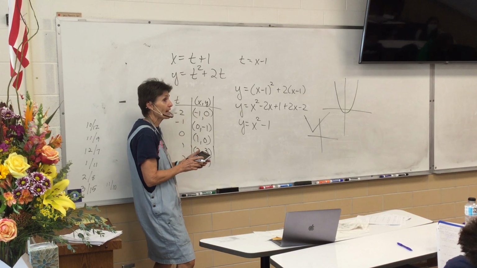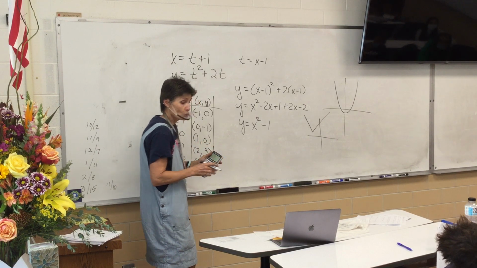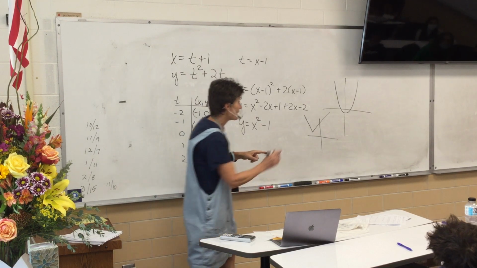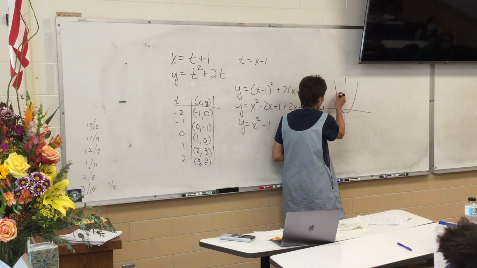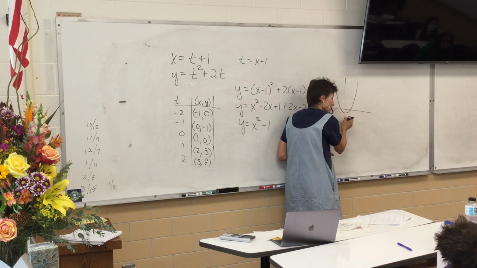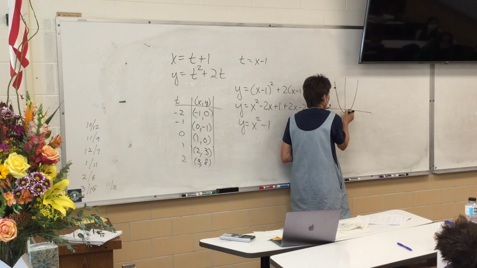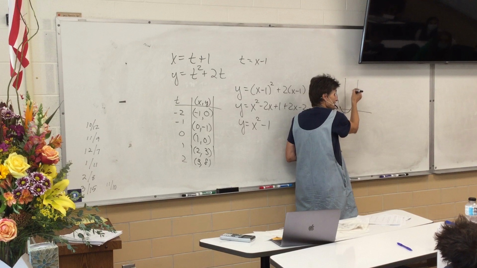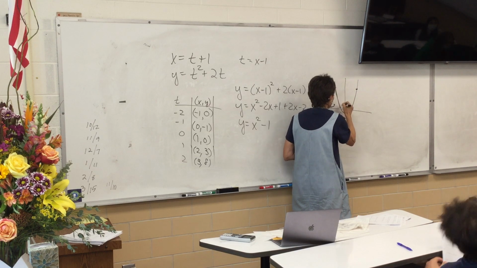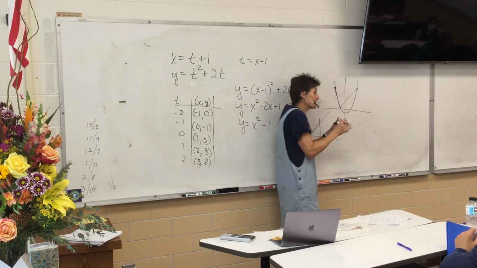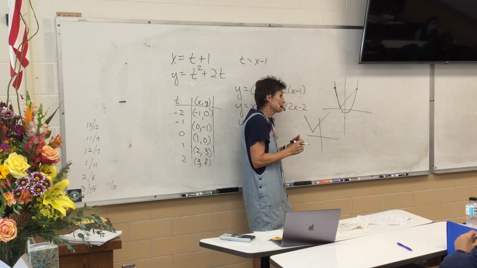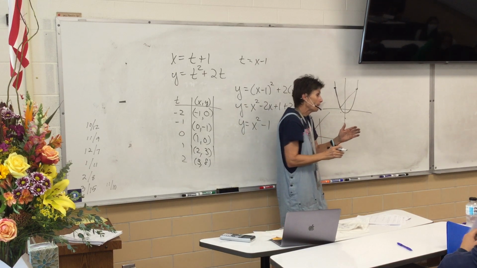She had hers set at like 7. So instead of plotting a point every 1 step, she was only plotting a point every 7 steps. And so when it connected, you didn't have enough points to get a smooth curve.